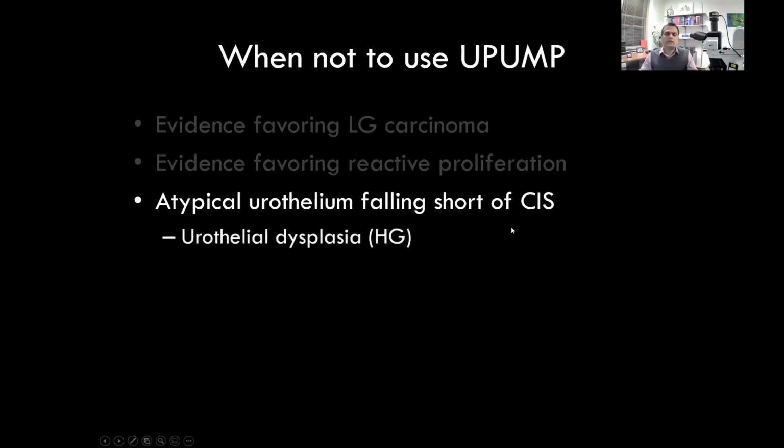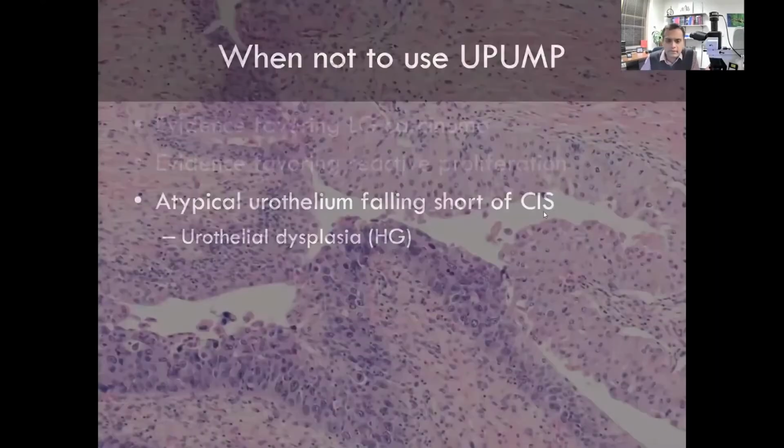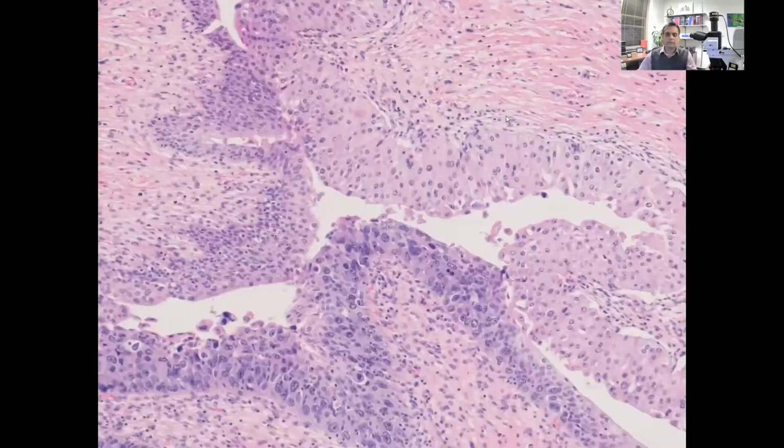So this is typically anything that falls short of CIS is what is called a urothelial dysplasia. Again, this is the high-grade dysplasia that we are talking about. So what do I mean by this? This is a really great example. So we have in the bottom where you can clearly see carcinoma in situ, which is flat urothelial carcinoma, and there is clear-cut anaplasia of these cells.